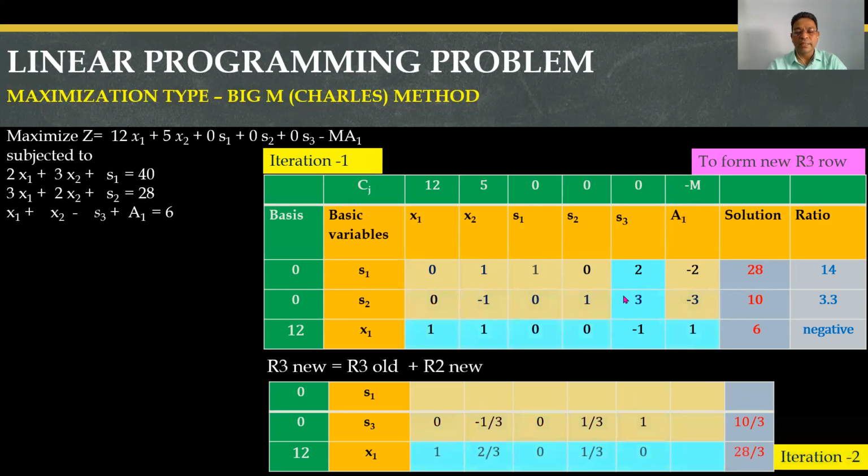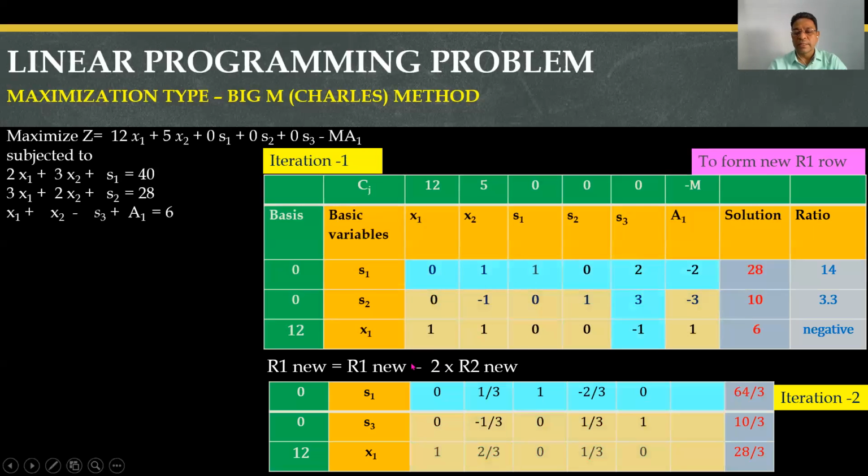Now next is to make R3 new as 0. So we will perform some operations with respect to the newly formed row, that is R2 new, and we will get 0 here. And the same thing we will do with the R1 old row. So R1 new equals R1 old minus 2 times R2 new.